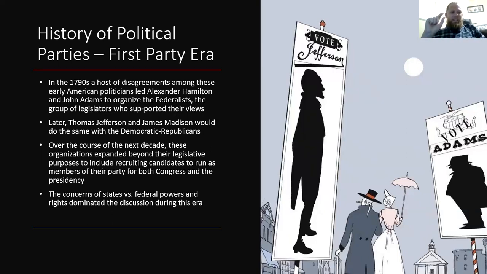In the 1790s, there were a host of disagreements among early American politicians that led Alexander Hamilton and John Adams to essentially organize the Federalist Party, the group of legislators who supported their views.